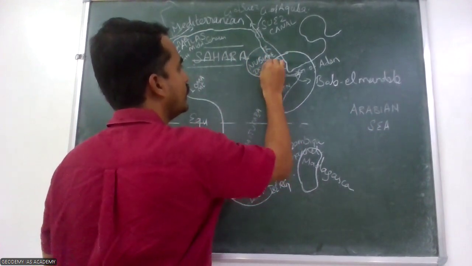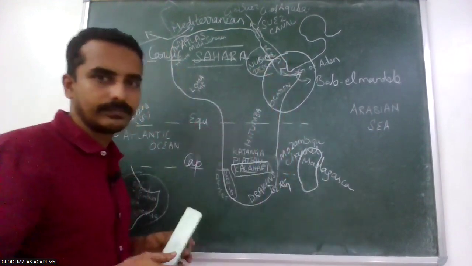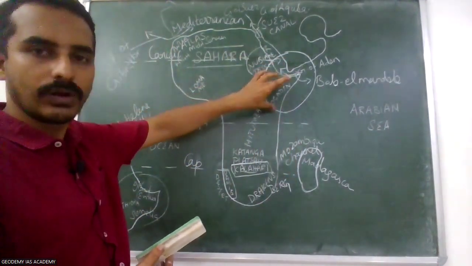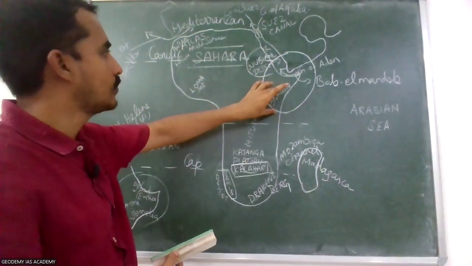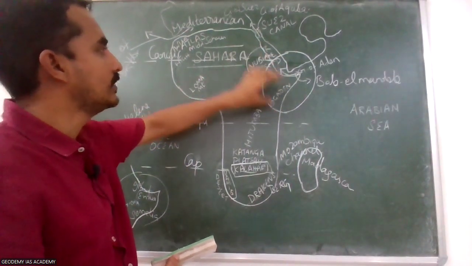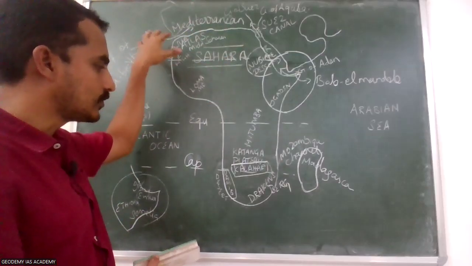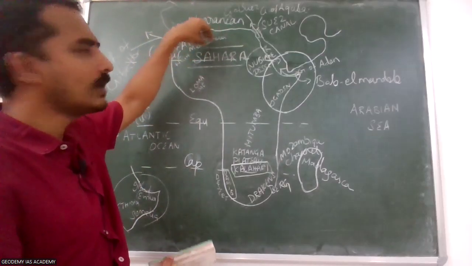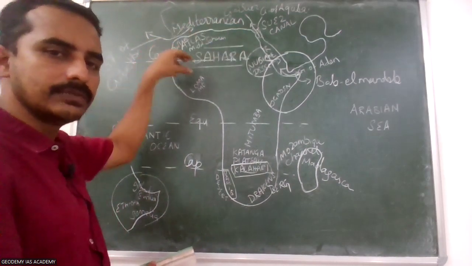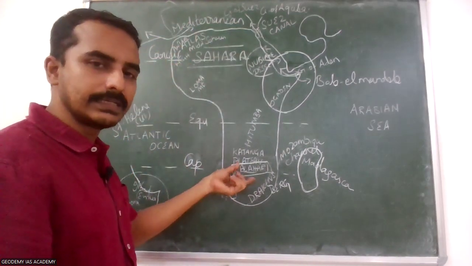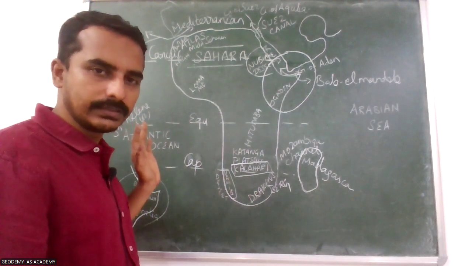Nubian Desert, Wagadan Desert in the Somalia and Ethiopia region, Nubian Desert in the Sudan and Egypt region. Sahara Desert covers most of the part, and the local names there are Algerian Desert and Libyan Desert. Similarly here Kalahari Desert, and near the coast is Namib Desert.